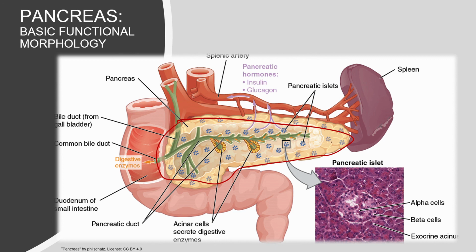And parenchyma actually consists of pancreatic islets, which produce insulin and glucagon, but it is not what we need now. As well as this, parenchyma has acinar cells that secrete digestive enzymes, not only digestive enzymes.